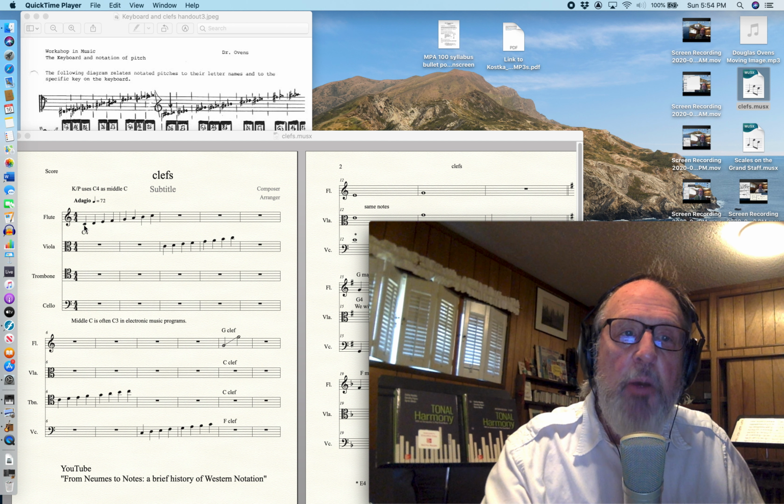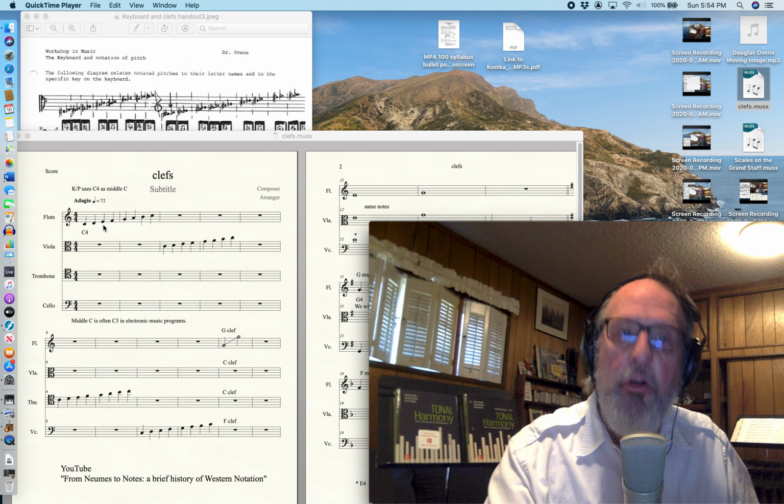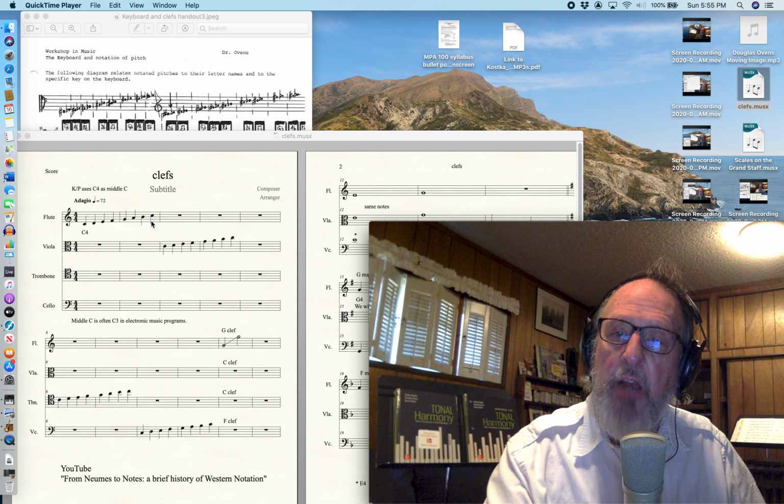Everything in the octave above this C also has the registration number 4. So this is C4, D4, E4, F4, G4, A4, B4, and this is C5.